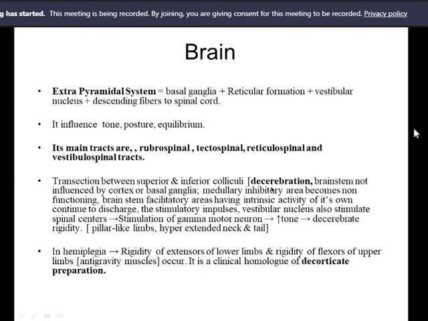In decerebration, what happens? I repeat, in decerebration, hand and legs all are hyperextended and pillar-like.